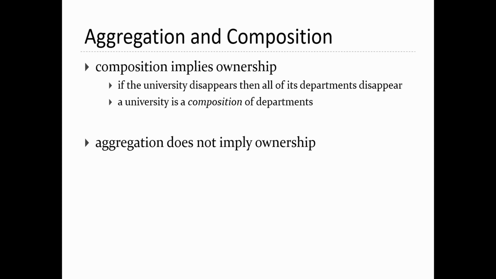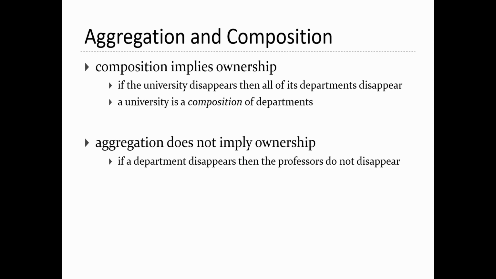Aggregation does not imply exclusive ownership. For example, as a professor, I'm appointed in a department, computing, but I can be appointed at a department in another university. I can hold multiple appointments across universities, or even hold another job somewhere else.